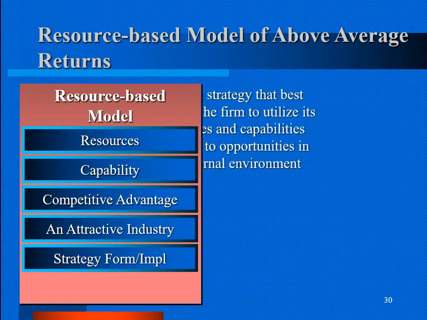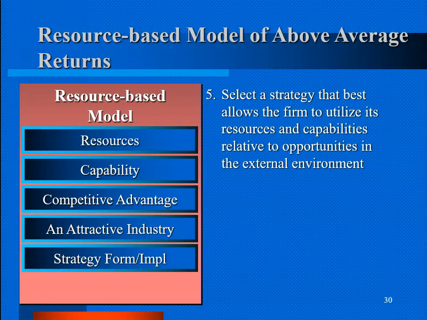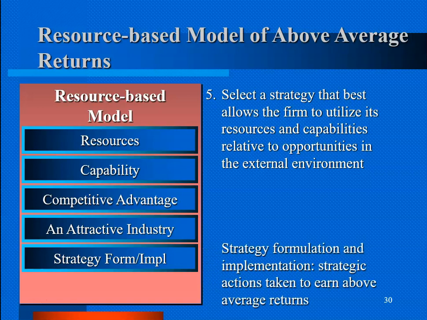Then the strategy formulation and implementation. You have to select a strategy that best allows the firm to utilize its resources and capabilities relative to opportunities in the external environment. Strategy formulation and implementation. This is strategic actions taken to earn above average returns.